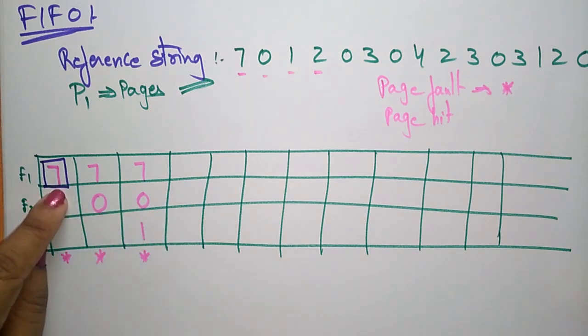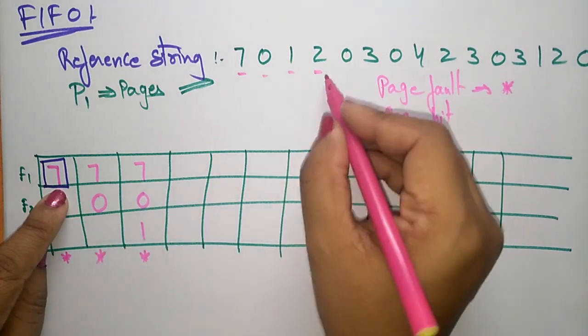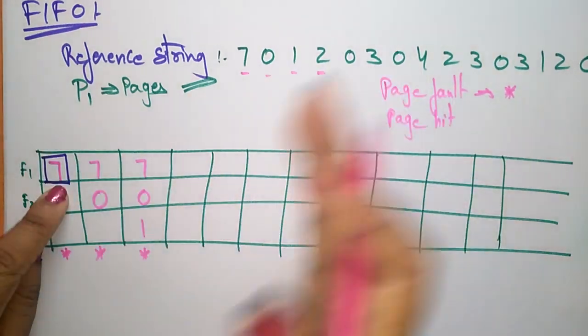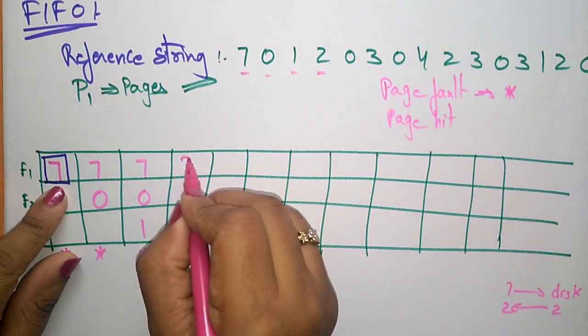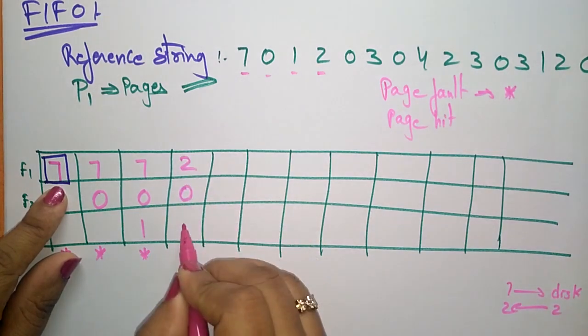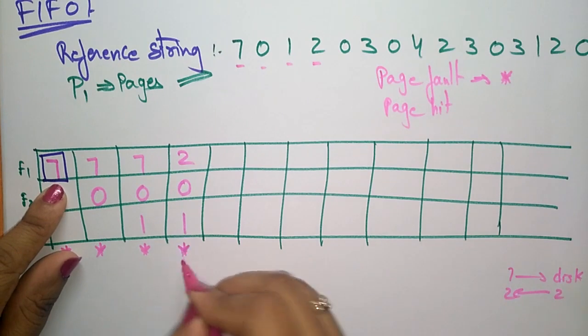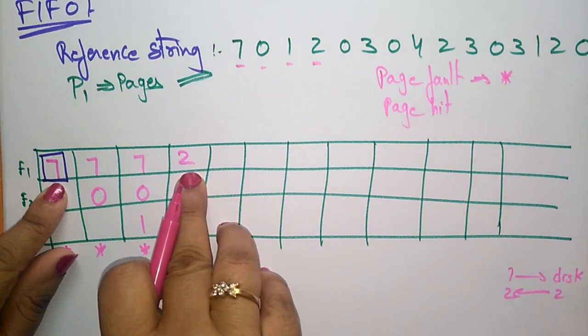So the 7 has to be replaced. That is swapped to disk, and from the disk the 2 is placed in the place of 7. So this is also a page fault because 2 is not present in the main memory.